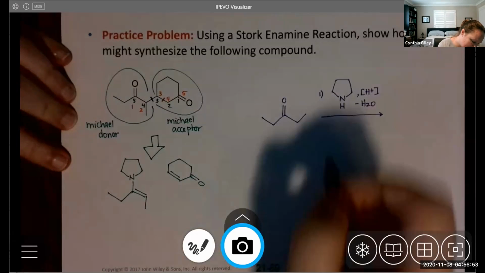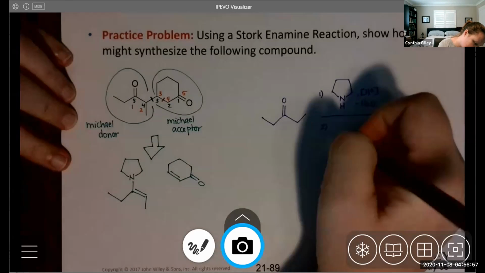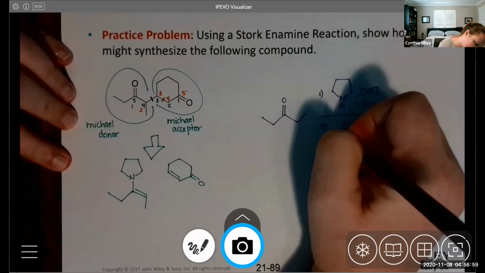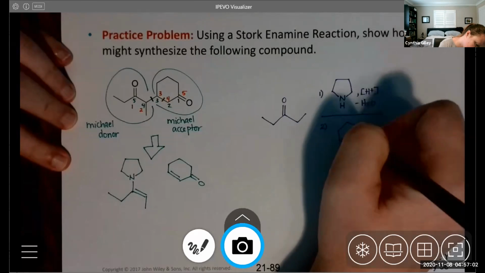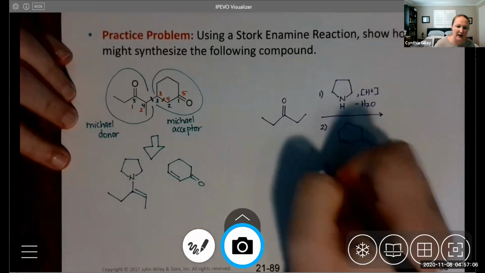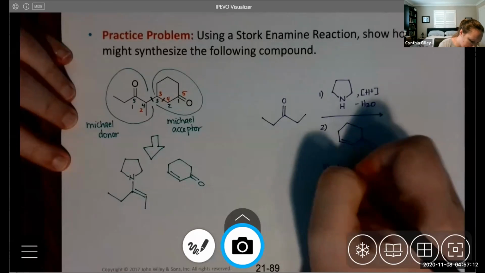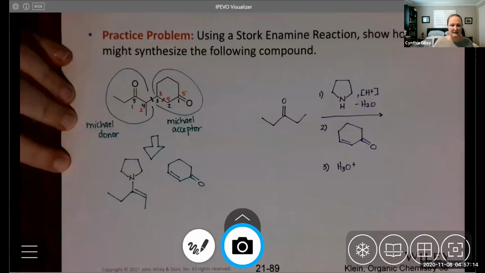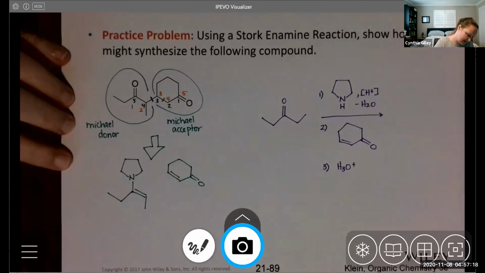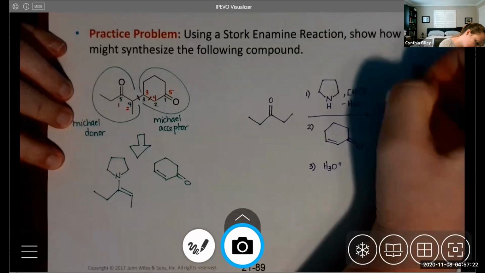The second step will be the Michael addition step, so we throw in the Michael acceptor. Then, in order to hydrolyze the iminium ion and protonate the resulting enolate, we need an acidic hydrolysis at the end. This will give us the desired product.